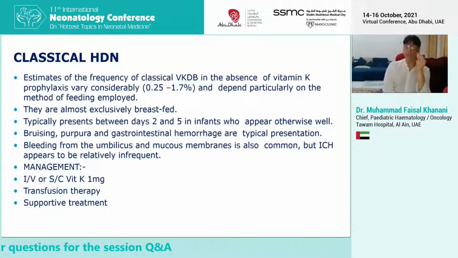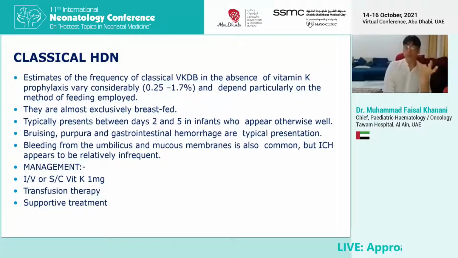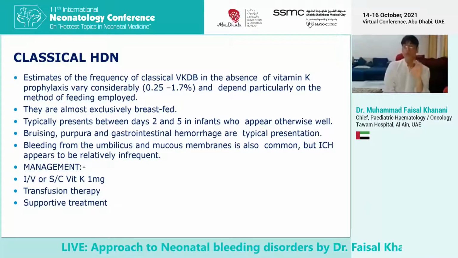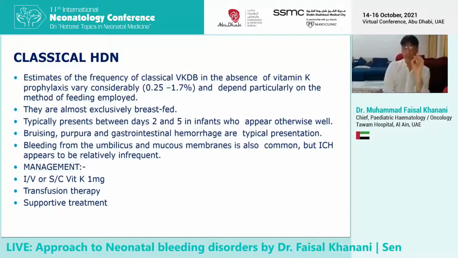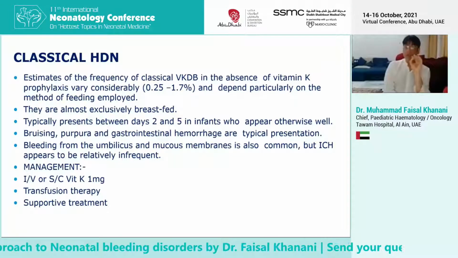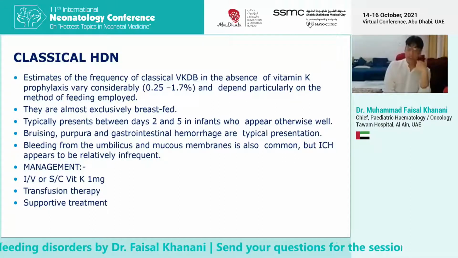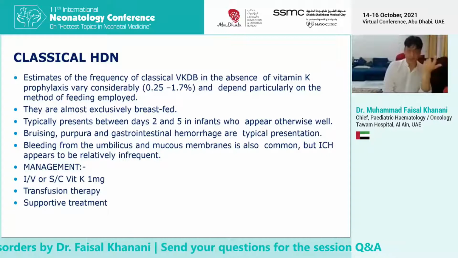It is common when delivery is at home, where vitamin K was not given, and the baby is exclusively breastfed. It typically presents at day 2 to 5 in an otherwise well baby, with bruises, purpura, GI hemorrhage, and bleeding from the umbilicus and mucosa, but ICH is infrequent compared to the early form. Management is vitamin K, clotting factors and supportive treatment.